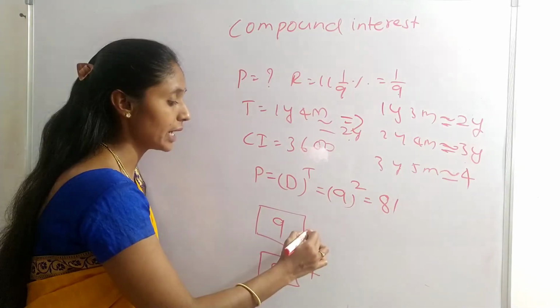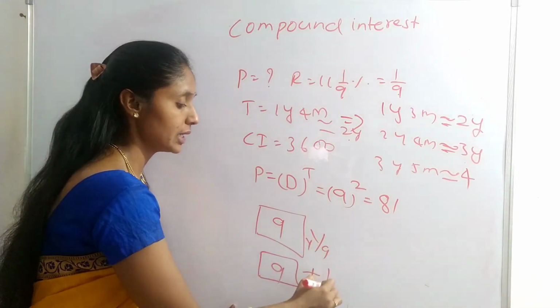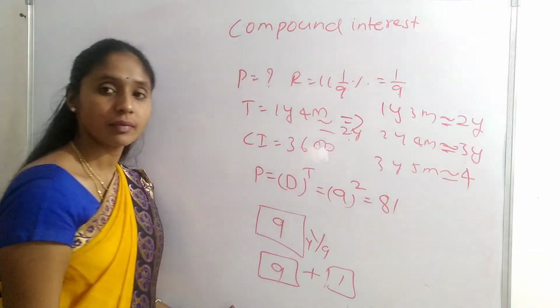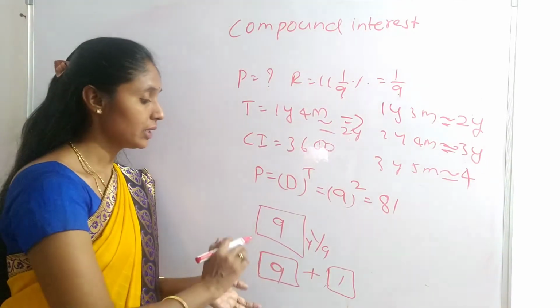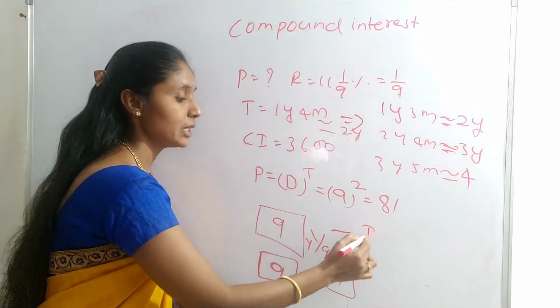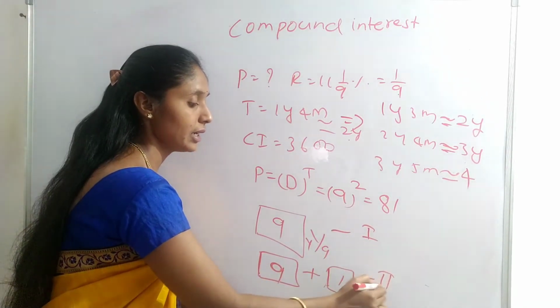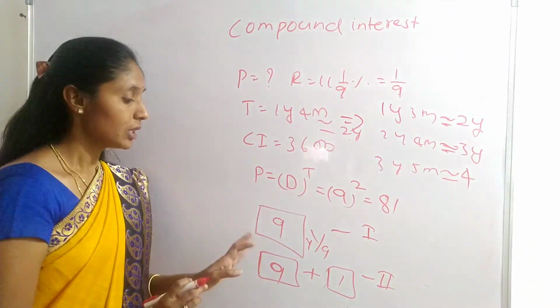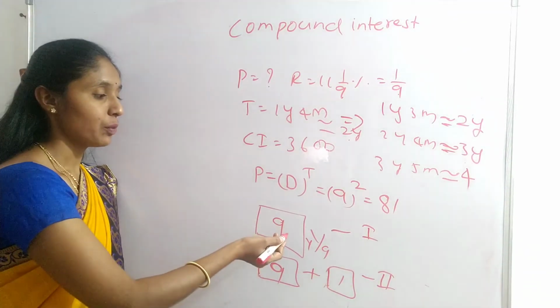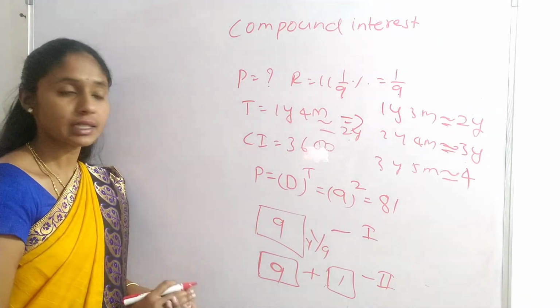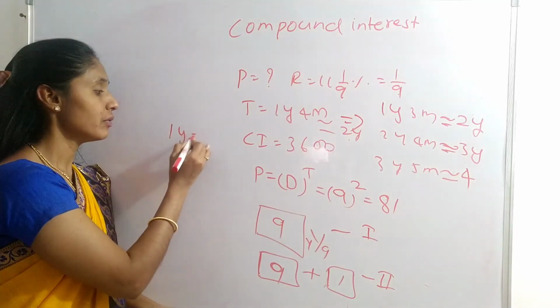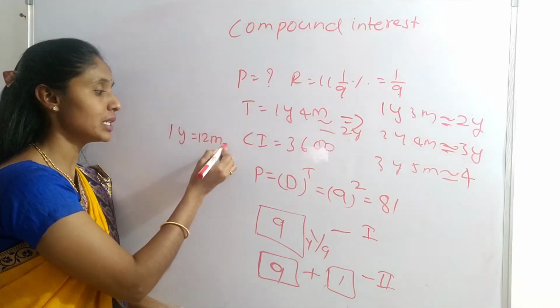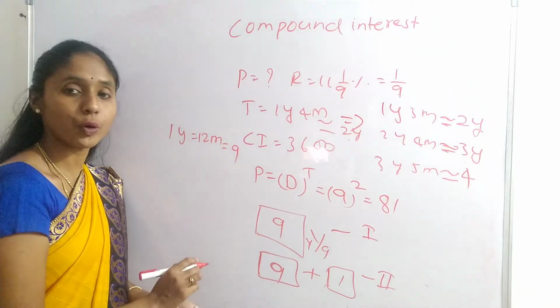So plus 9 into 1 by 9, that is 1. Okay, this is the first year, this is the second year compound interest. So here 1 year compound interest is 9.